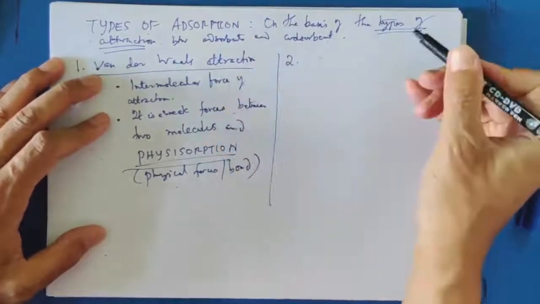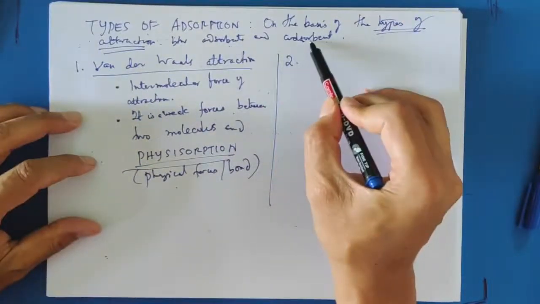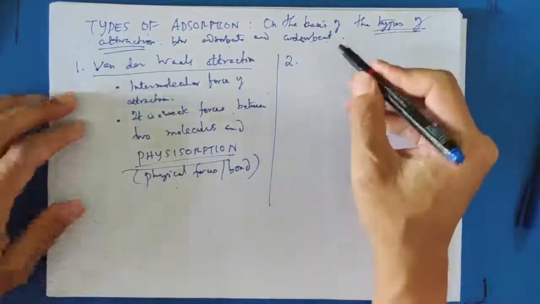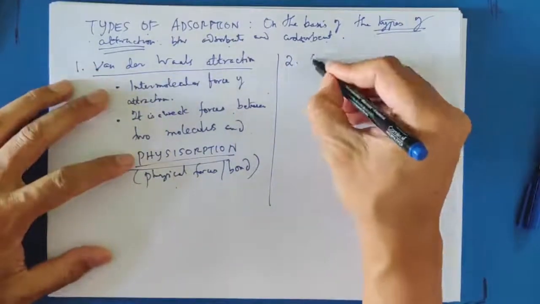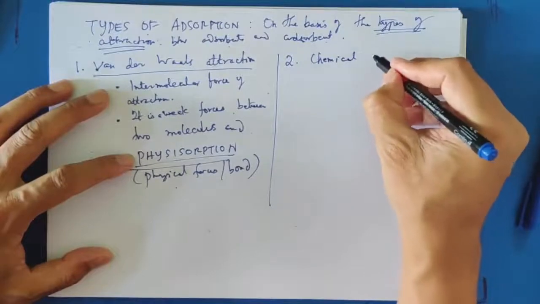And now chemisorption, where the bond between adsorbate and adsorbent is due to a chemical bond. What is a chemical bond?